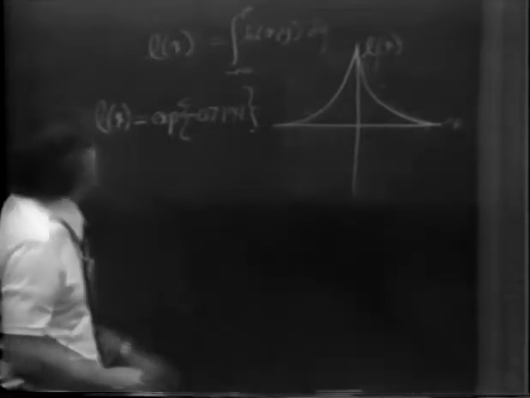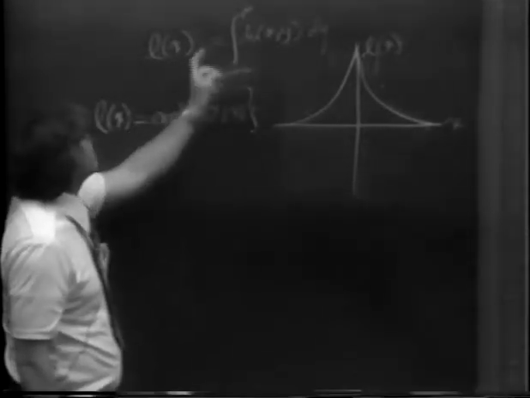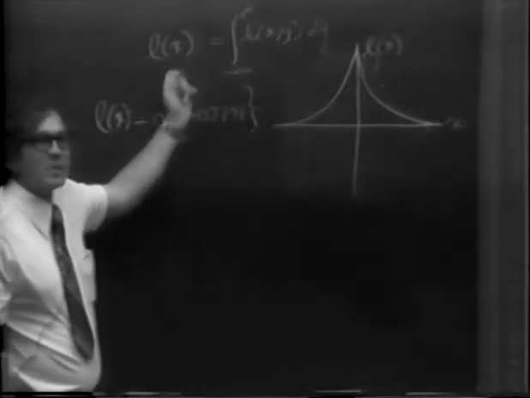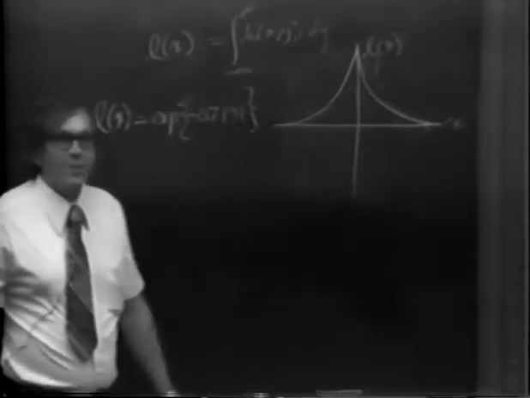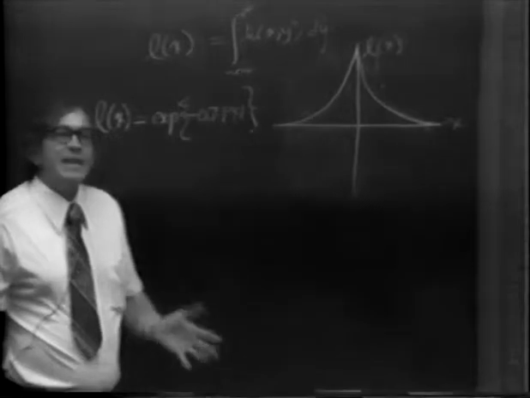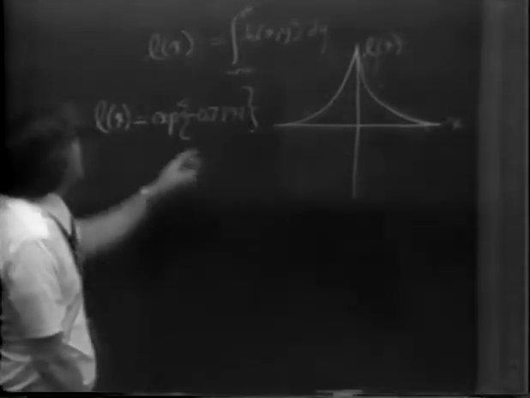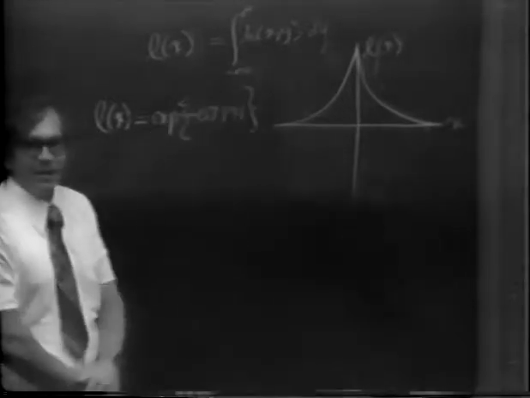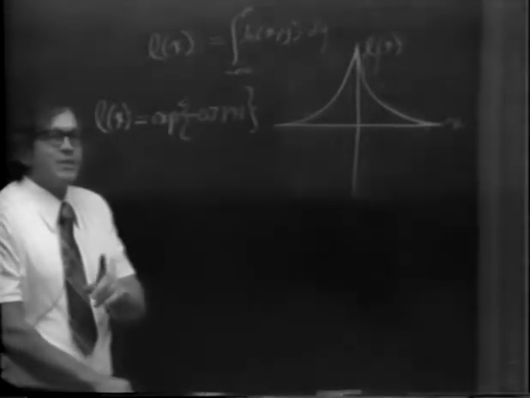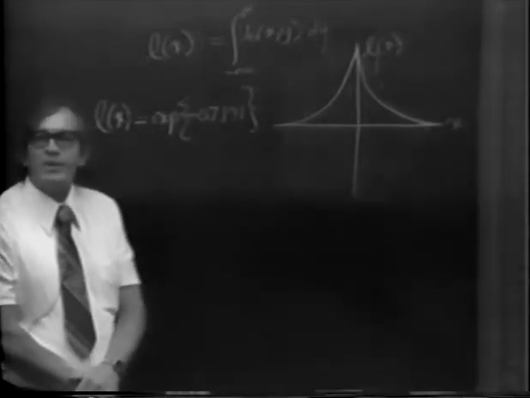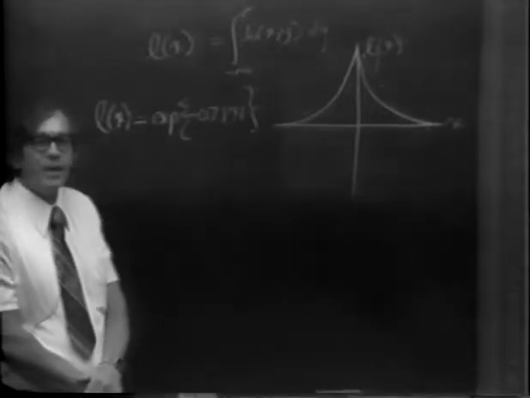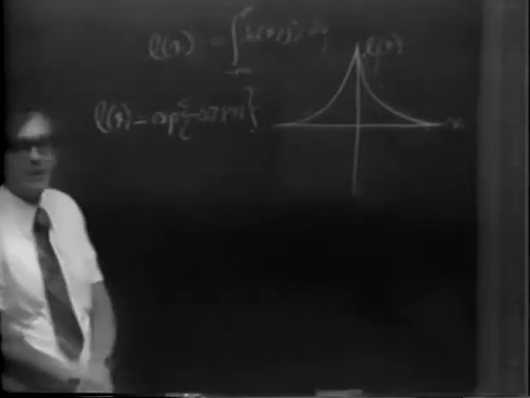So if we talked about the relationship between h of xy and L of xy, those are an Abel transform pair. But let's see if we can discover another way to look at this same problem where we want to determine h of xy. And we'll do it just for the case where we have a circularly symmetric function as we were given in this particular problem.